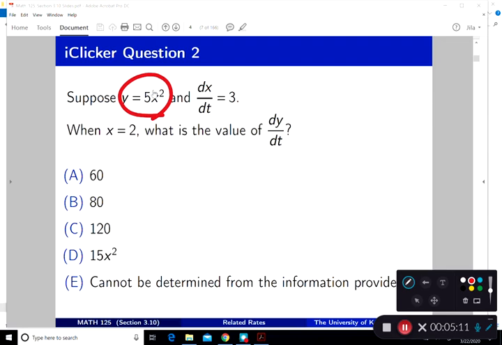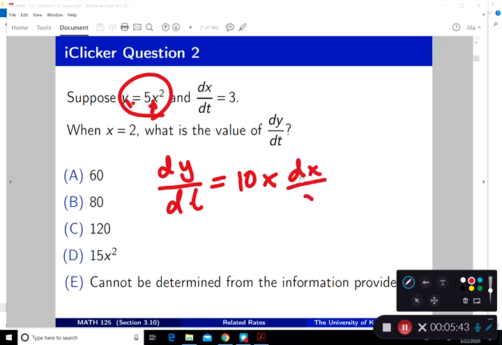So this time I'm going to take the derivative of both sides. y is a function of time, and x is a function of time. The outside function is 5x squared, so I will have 10x, and then the derivative of the inside is just dx/dt. Now let's see what values I know.